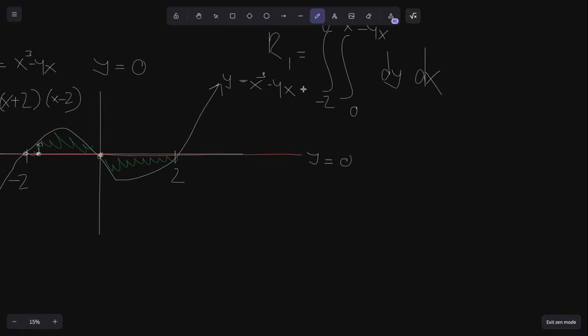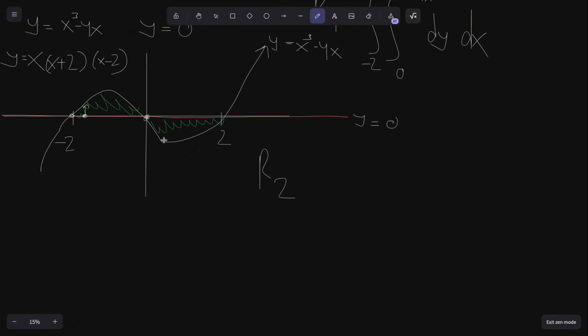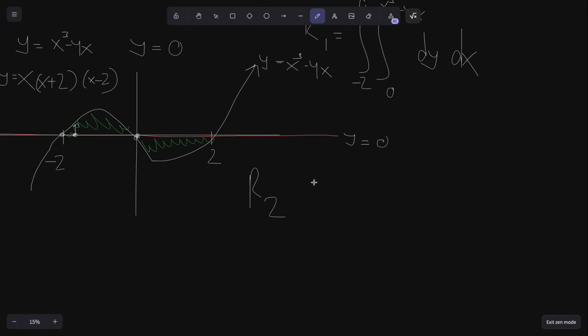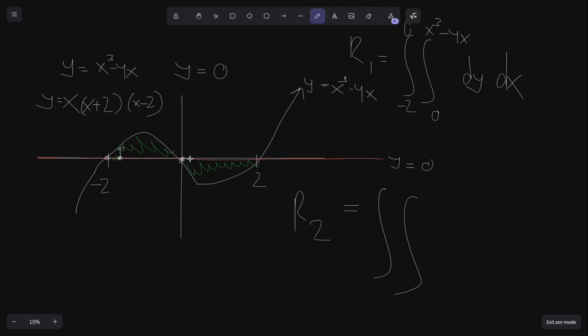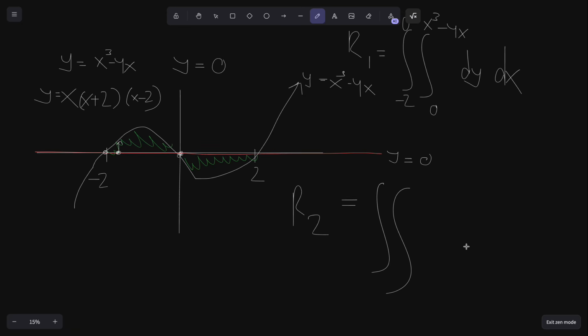Okay. Now what about region 2? So what about this region right over here? Well, we can kind of do the same thing, right? Except this time, this is beneath us, right? So what's going to happen is our lower bound is now y is equal to x to the third power minus 4x.